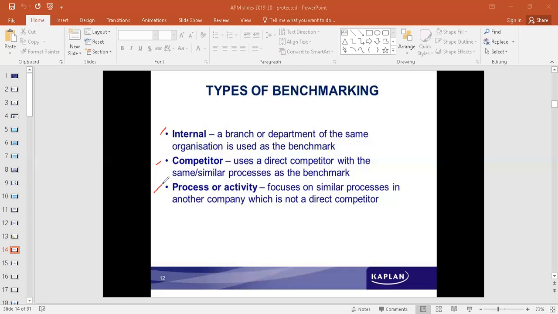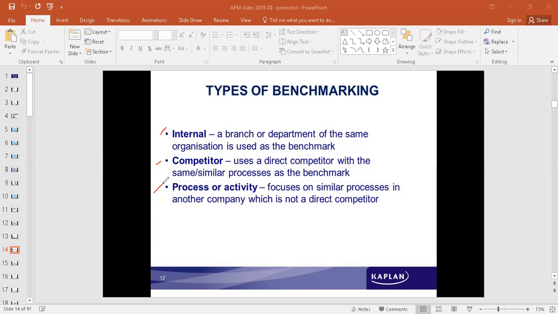The third type of benchmark is the process or activity. Any process or activity, if it has done something remarkable, becomes a benchmark. Among the competitors, they may not be ready to share information for comparison.